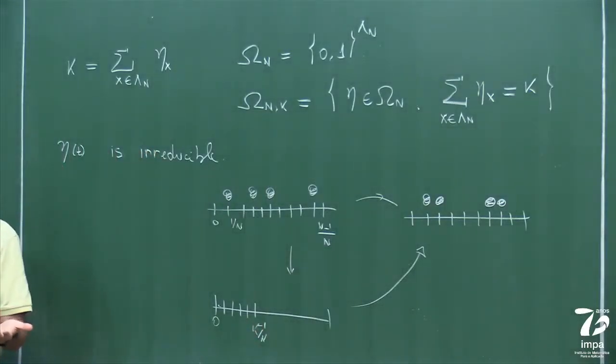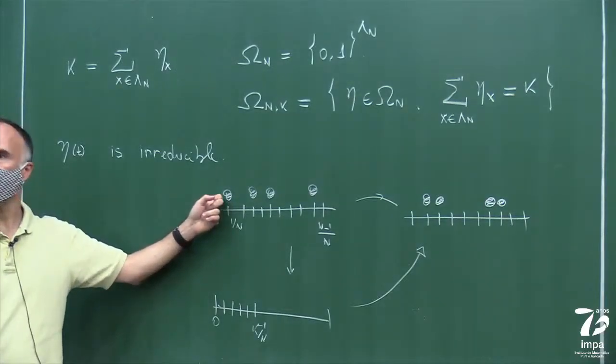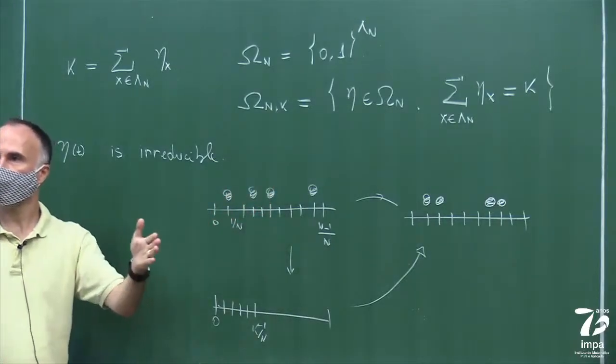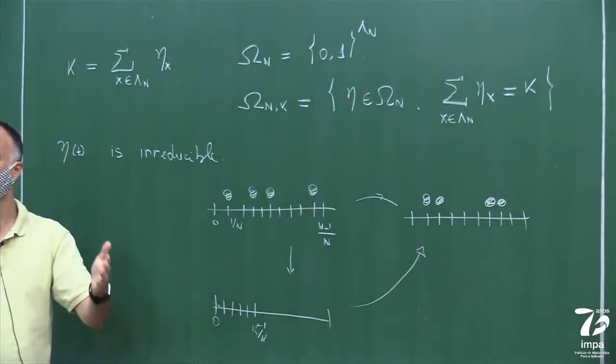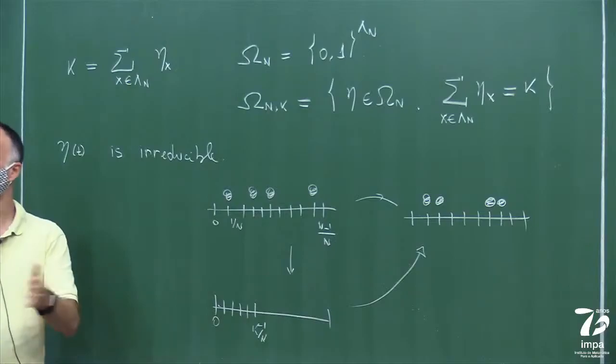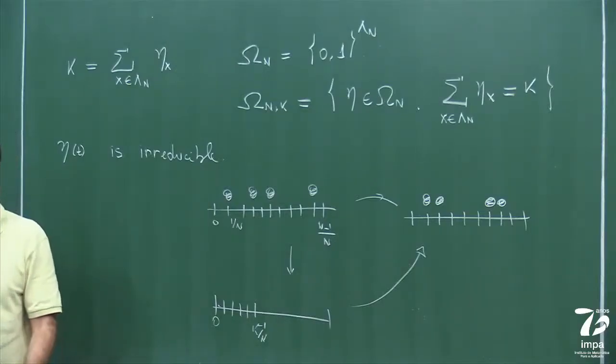And this has a positive probability, right? Because it is the probability that I have one exponential which is the smallest of a finite number of exponentials, then a second exponential which is the smallest among a finite number of exponentials, and so on. So this event has a positive probability.